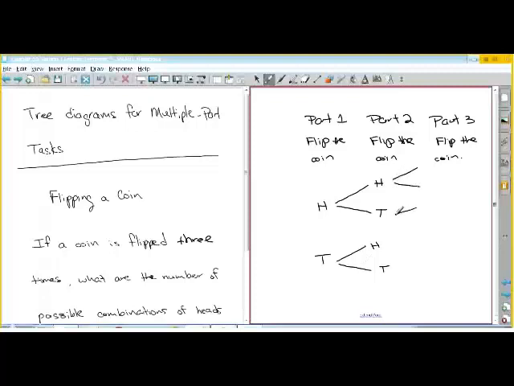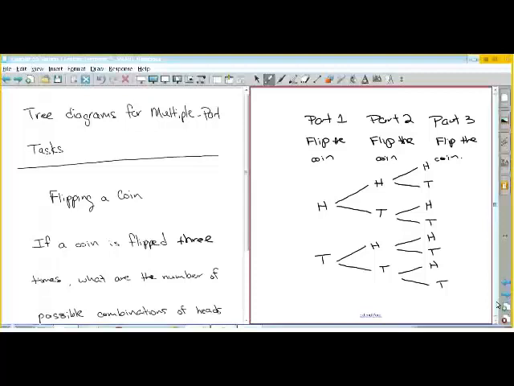And then you go one more step. So when I flip the coin the third time, again, the only 2 options I have are heads or tails. So following each branch, I branch out with 2 additional choices: heads, tails, heads, tails, heads, tails, heads, tails.